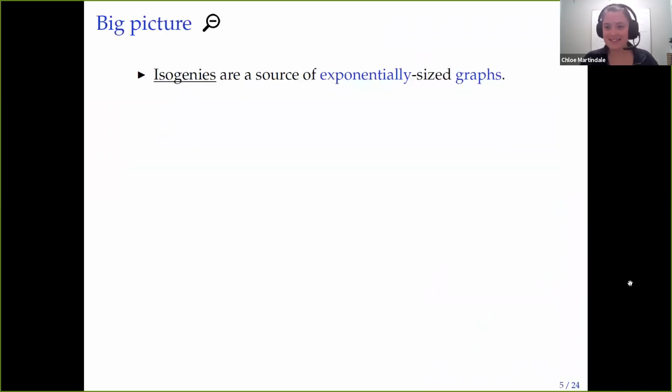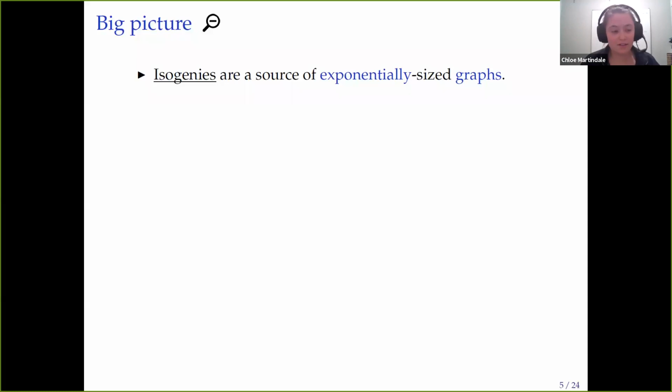Well, we use isogenies. So the big picture is that isogenies are a source of exponentially sized graphs. The idea of using isogeny graphs for this specific problem in cryptography was a paper in, I think, 2006.